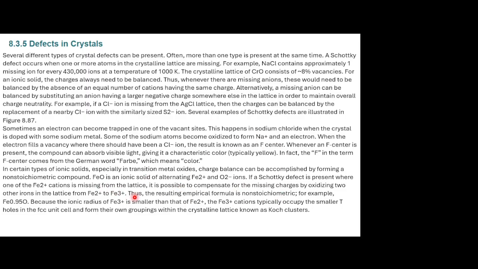Again, this is because you can have the Fe3+ oxidized a little bit more, and this is then going to give you a non-stoichiometric mineral or ionic compound. So you'd end up with iron and then 0.95 oxygens, because the extra Fe3+ means you don't need as many irons in there to make up the charge.